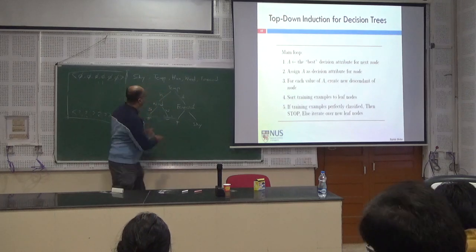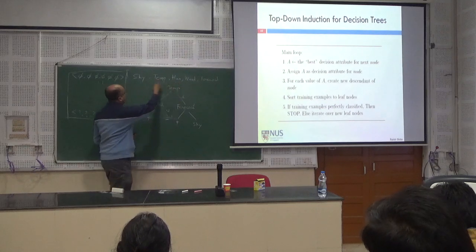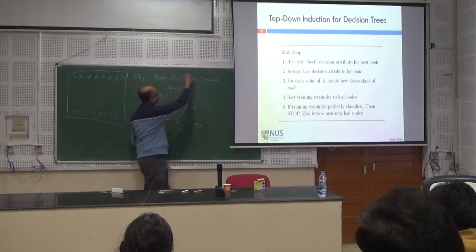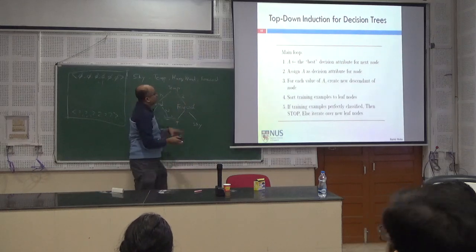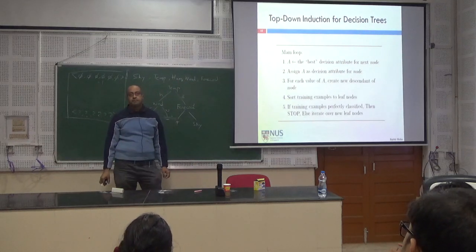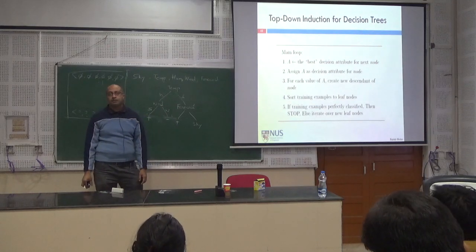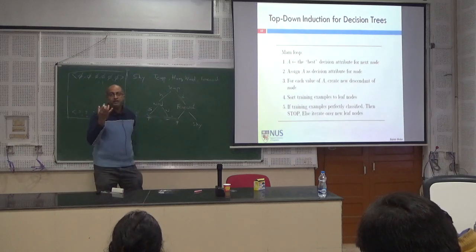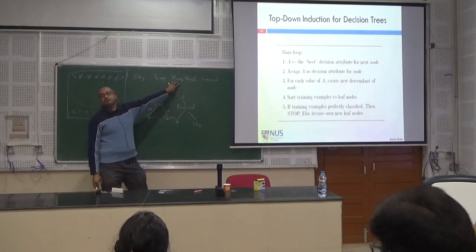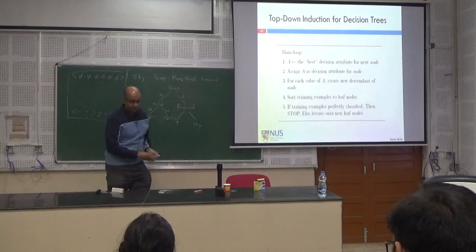So here, for example, at the root, I had a choice of sky, temperature, humidity, wind and forecast. Which one? Pick the best. Some way of, we will define best. And once I have picked the best one, the best is temperature. So I have picked temperature here. And that's what it is saying.